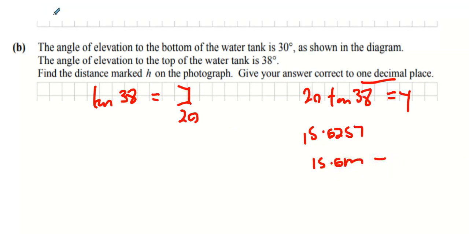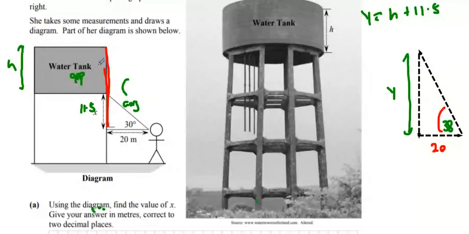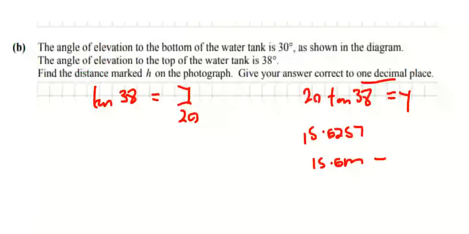Then we take away the 11.5 from earlier, and the answer is 4.1 meters. So that's B done.